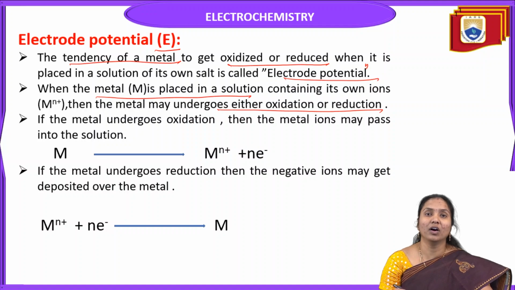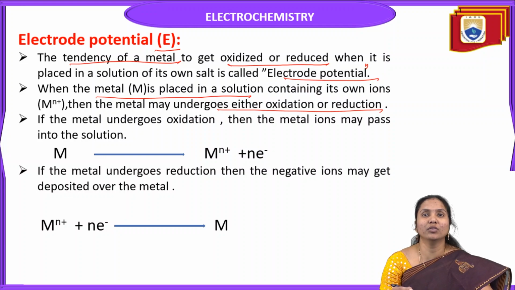Copper electrode dipped in copper sulfate solution gains electrons, so the copper electrode acts as cathode.